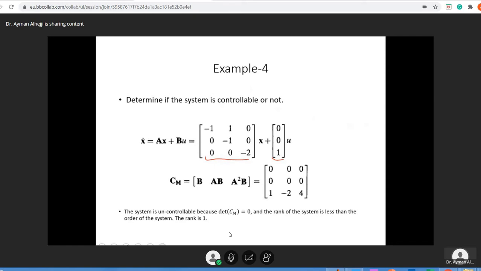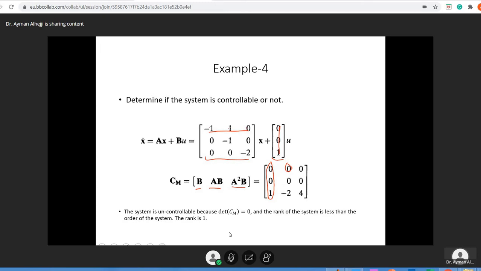Be careful: B, and then AB, and then A squared times B. Here we put B. There is no hard time to find B, it is placed as is. Second, we multiply A times B. If you multiply this row times this vector, the first element gives us 0, because minus 1 times 0 is 0, 1 times 0 is 0, 0 times 1 is 0. So here I put 0.